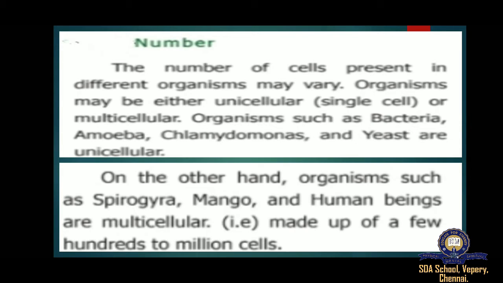Even an organism that has billions of cells begins its life with a single cell, that is, a fertilized egg. This fertilized egg goes on to multiply, thereby increasing the number of cells as the development takes place.